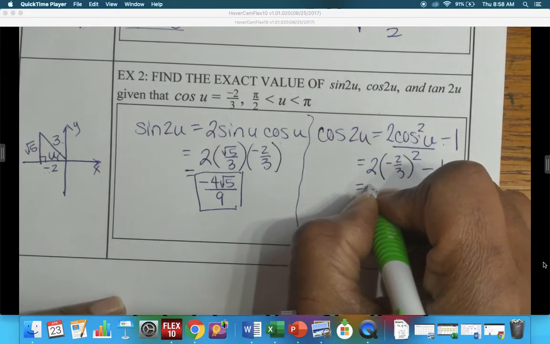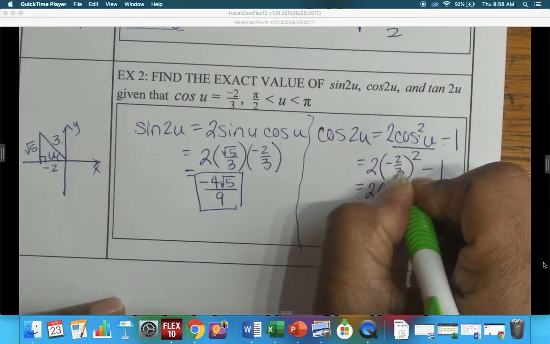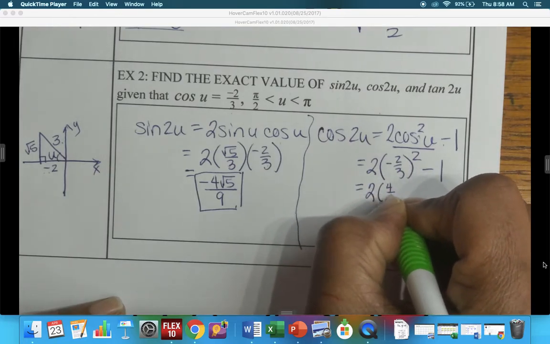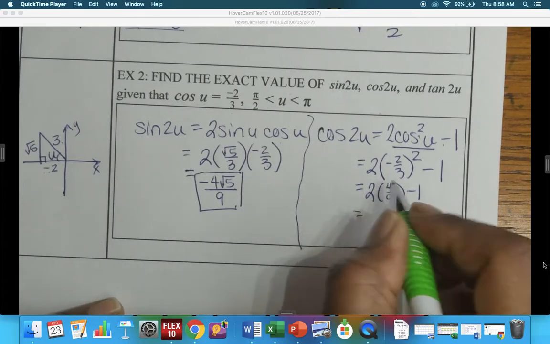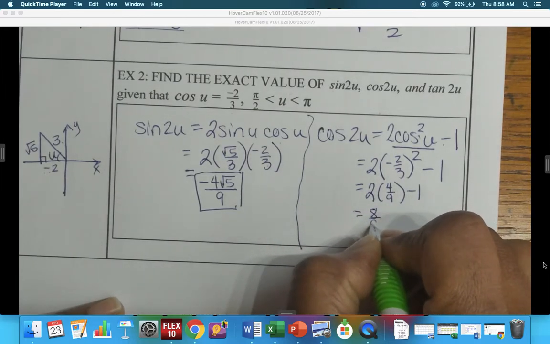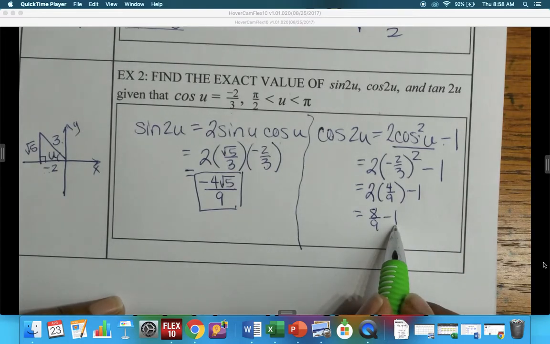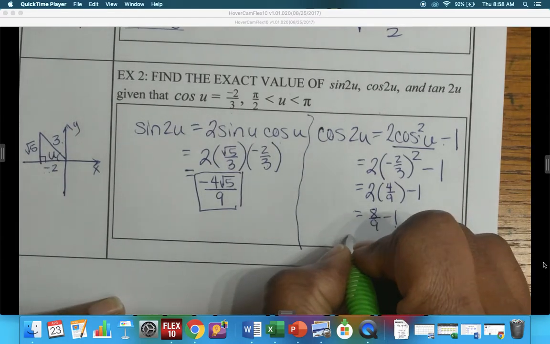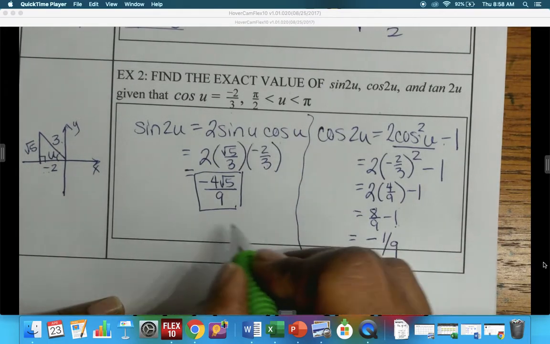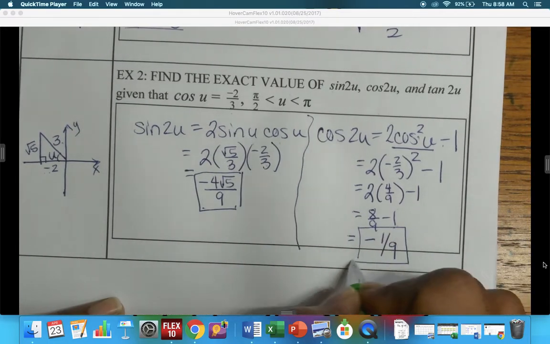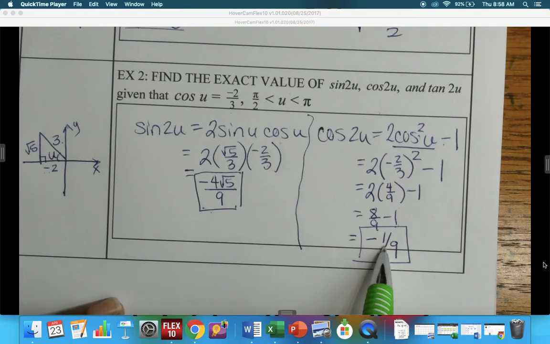So order of operations, negative 2/3 squared is 4 over 9. Right? And then 2 times 4 gives me 8 over 9 minus 1. 1 is the same thing as 9 over 9. So this is technically negative 1/9. So I have cosine of 2u.